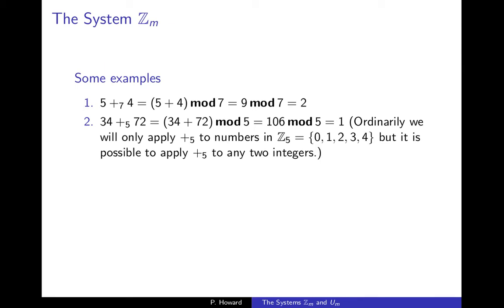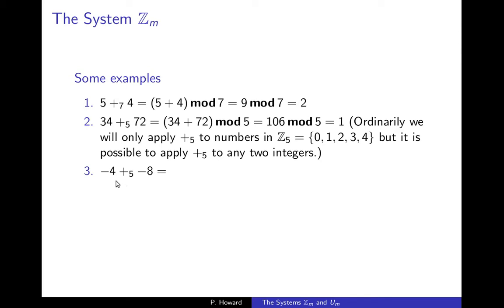So as I said a few minutes ago, we will usually be applying plus sub 5 only to numbers in Z5. But it is possible to apply plus sub 5 to any two integers, as we did in this second example.